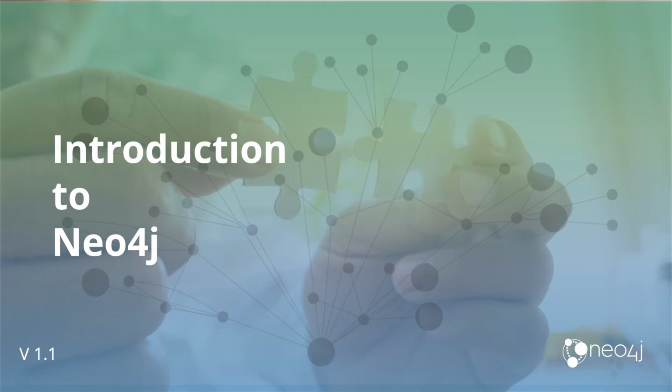Hi, so this is an introduction to Neo4j, which is a graph database, which is a completely different type of database than a relational database management system, such as the ones that we've been working on throughout this course.